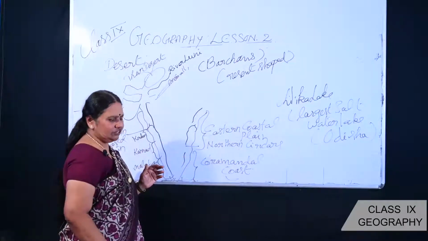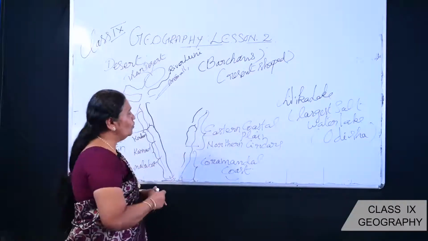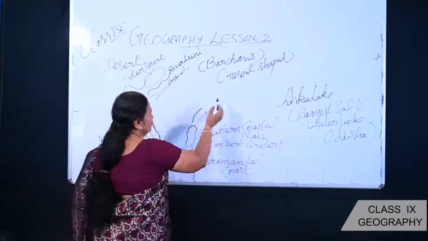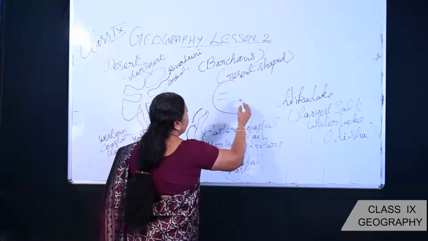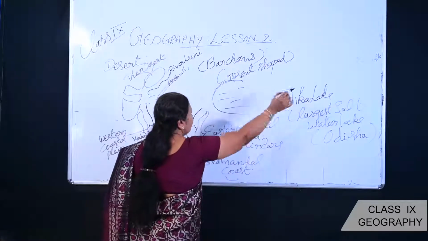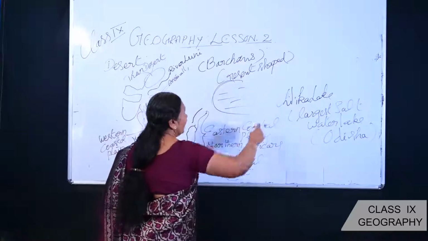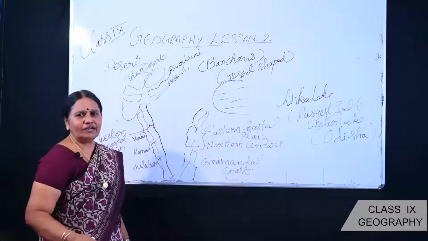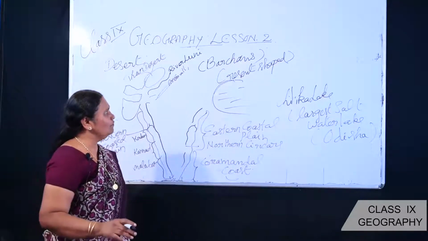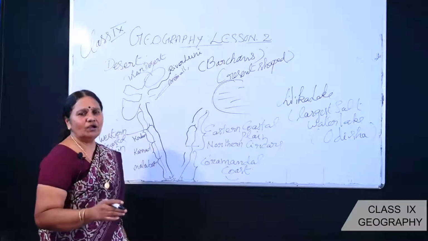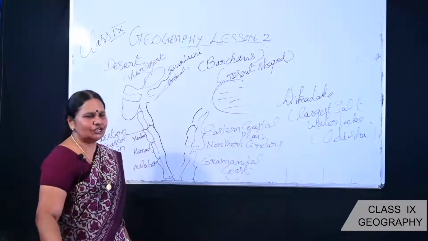What do you mean by barchans? When the soil is removed by the wind in a crescent shape, making that dune, it is called barchans, or crescent-shaped dunes.